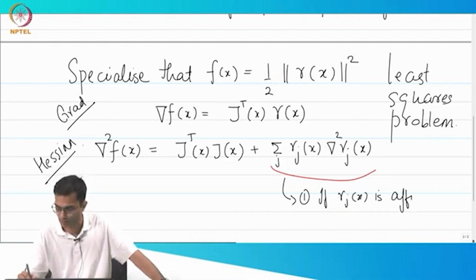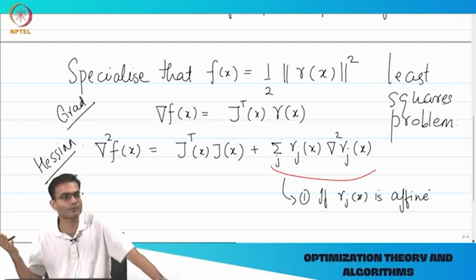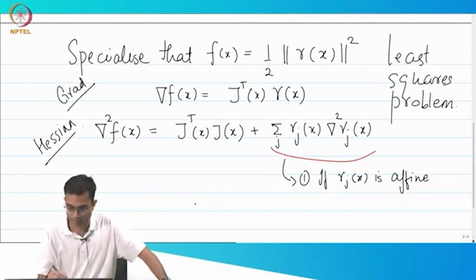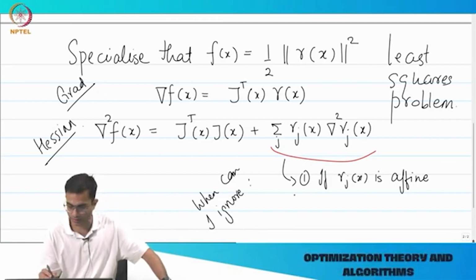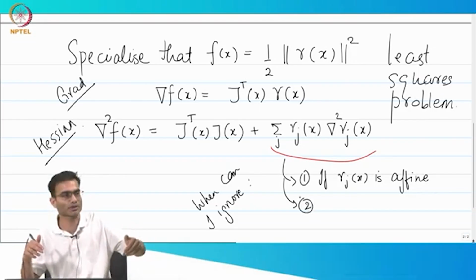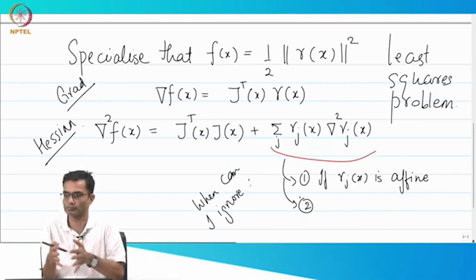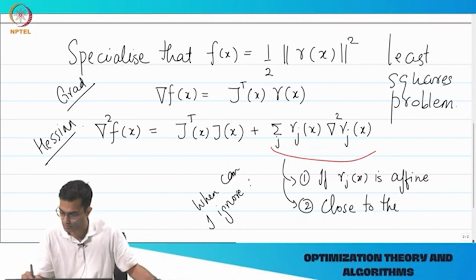If R_j is affine, then by the time I take the Hessian of R, I am going to get 0, right? So, when can I ignore the second term, right? And the second was when I actually reach close to the solution. When I reach close to the solution, the residual is going to be small, right? Close to the solution.